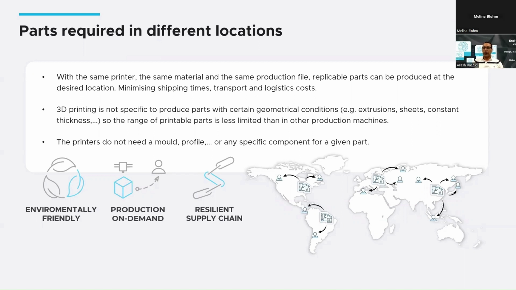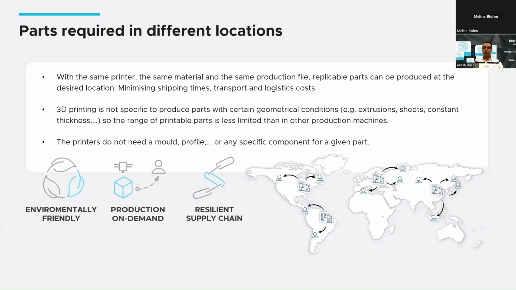This minimizes the shipping times, of course, costs for shipping, for transport, all the logistic costs, and of course, it also helps sustainability. These are very important facts for 3D printing, or production, in different locations.